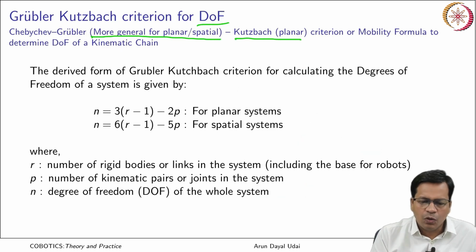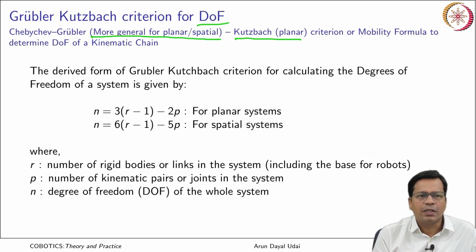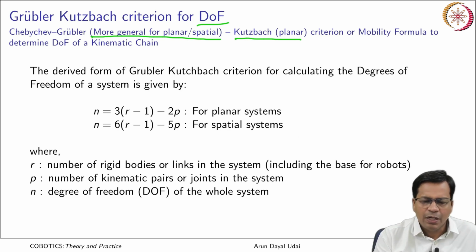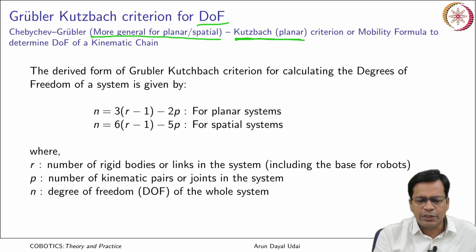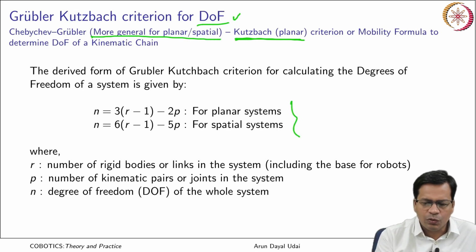Next is the Grubler-Kutzbach criterion for degrees of freedom calculation. Chebyshev-Grubler-Kutzbach criterion is the more common name for it. Kutzbach gave a planar equation to find the degrees of freedom based on conditions like the number of links and the number of kinematic pairs. These are the 2 formulas.